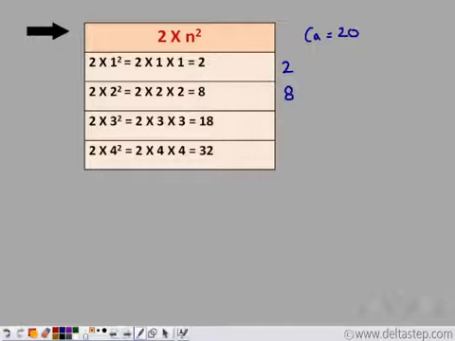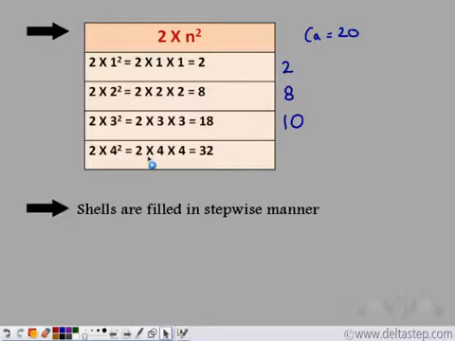We are left with 10 electrons. This means that the third shell can accommodate 10 electrons. Now, the second rule says that the shells are filled in a stepwise manner. So if we fill them, we get 2, 8 and 10.